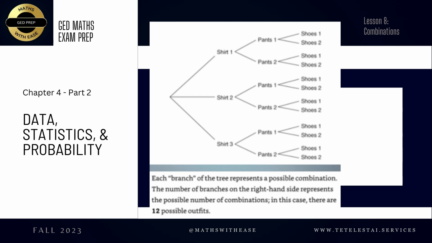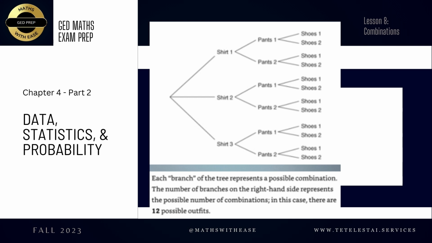And then with the same shirt, if he decided to go with the second pair of pants, he can choose between either the first pair of shoes or the second pair of shoes. Okay, and then you would apply the same logic for the second shirt on your tree diagram here. So let's say, okay, I'm not wearing the first shirt. I want to go for the second shirt.